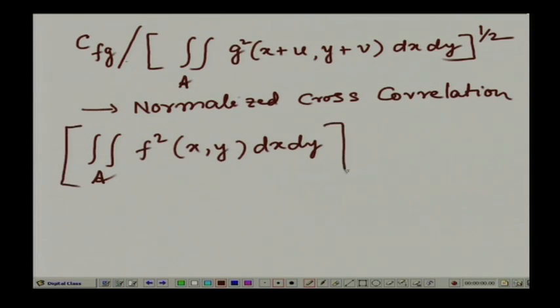This is the maximum value attained by the normalized cross correlation for those values of u and v for which the function g becomes some constant c times f. For that particular shift u, v, where g is equal to c times f, the normalized cross correlation takes the maximum value, given by the square root of the double integral of f square (x,y) dx dy.